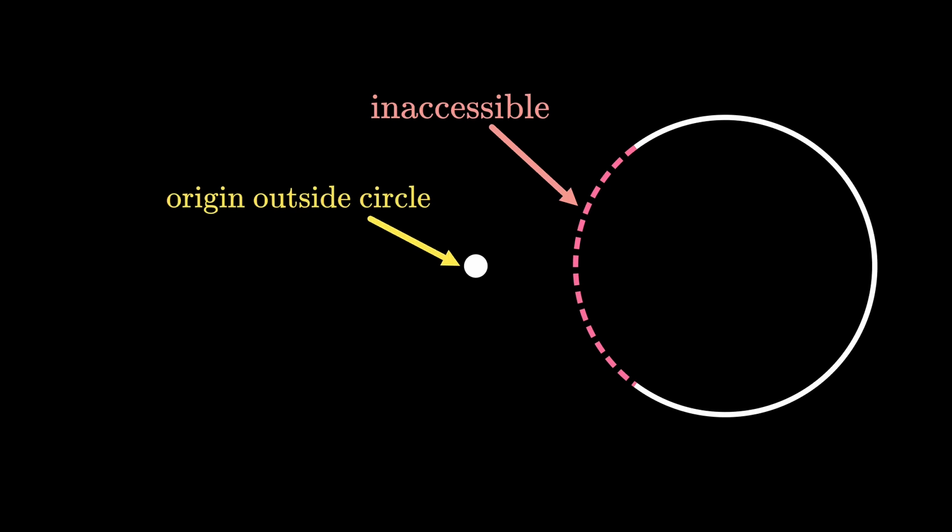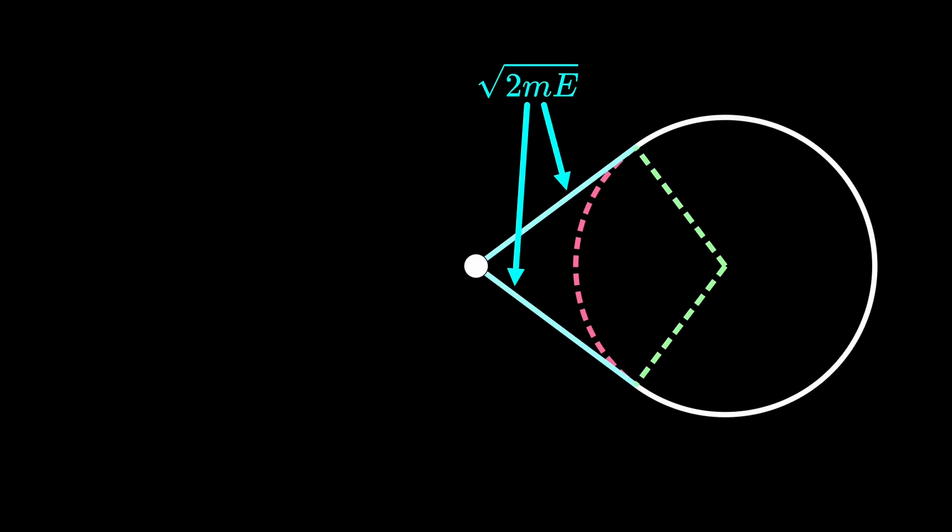There are some parts of the circle that are inaccessible with this hodograph. The second difference is that the origin is outside of the hodograph even after you complete the circle. With similar arguments in the video, you can also show these two blue segments have length square root of 2mE.